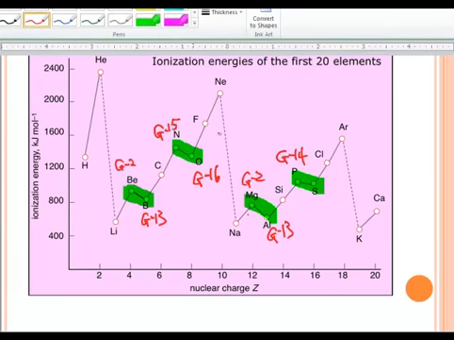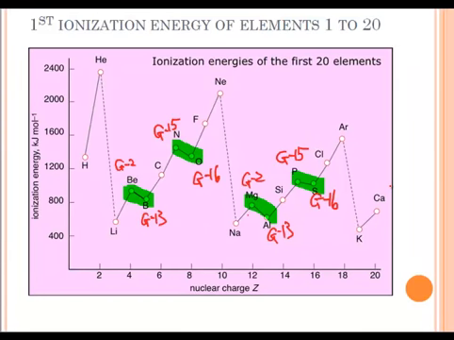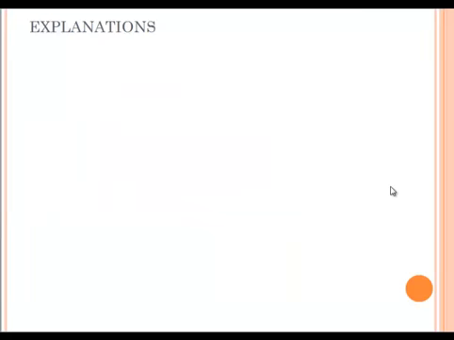Group 15 to group 16, okay? In the following slide, I'm going to explain why there's an abnormality between group 2 to group 13 and group 15 to group 16.